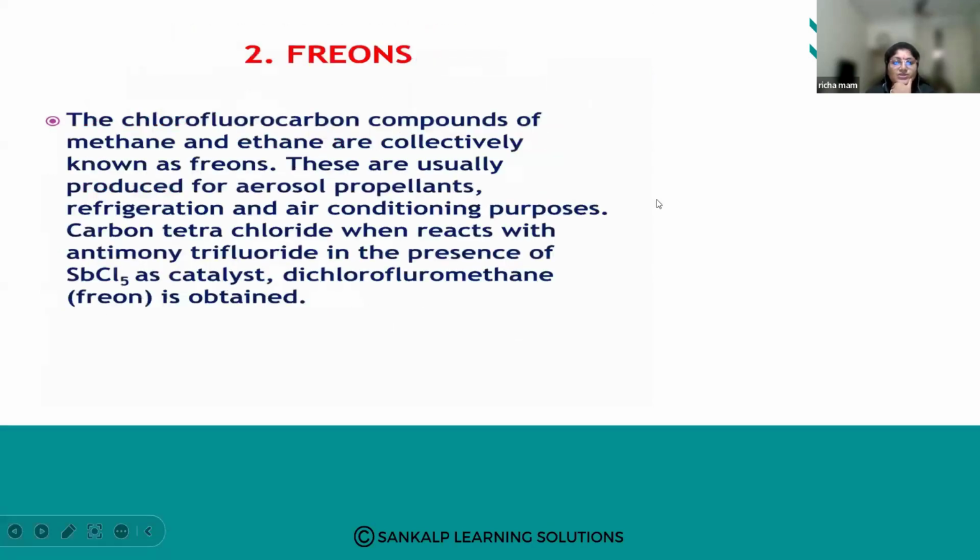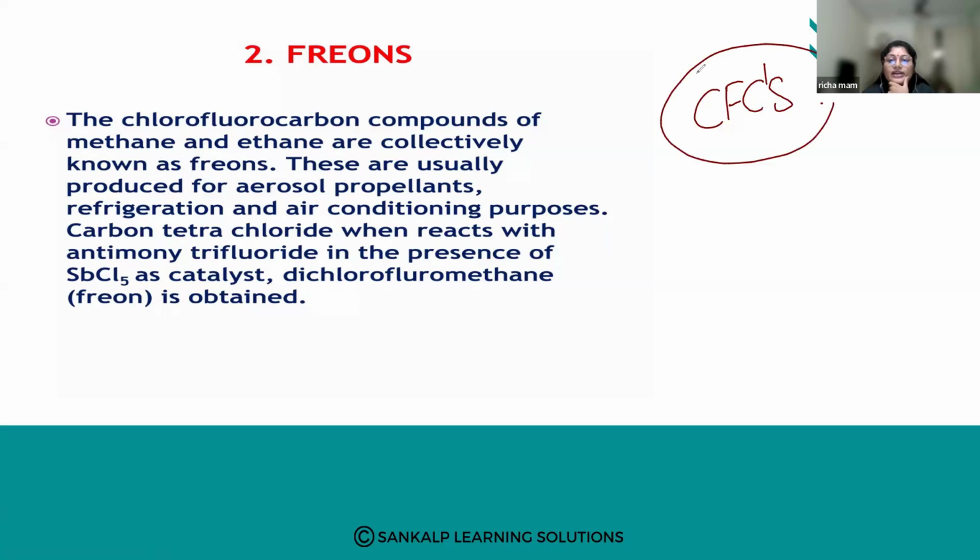Okay, so freons. The next important concept is freons. What are these freons? The chlorofluorocarbons, called CFCs. The chlorofluorocarbon compounds of methane and ethane are collectively called the freons. Very important, they will ask you the question: what are freons?